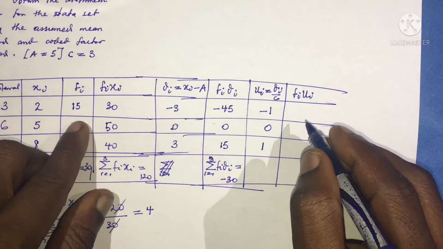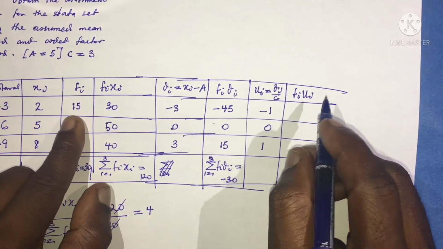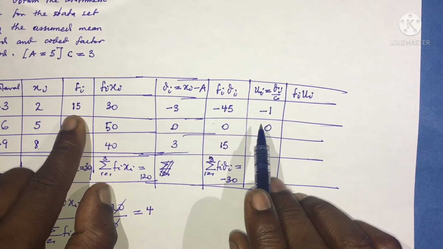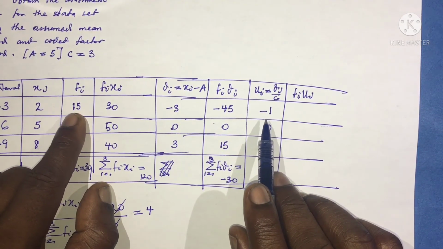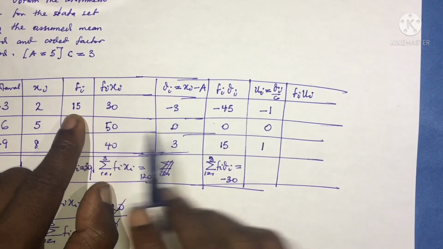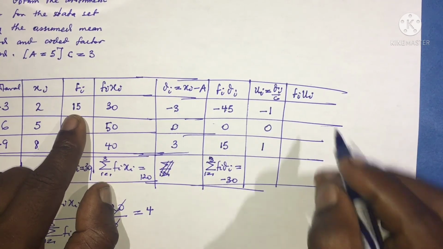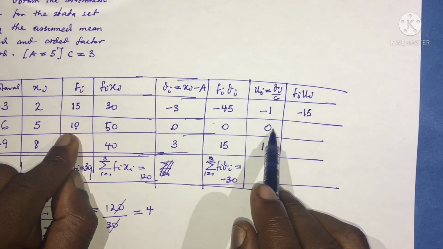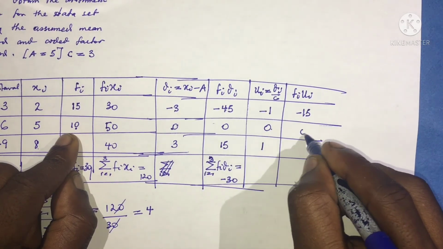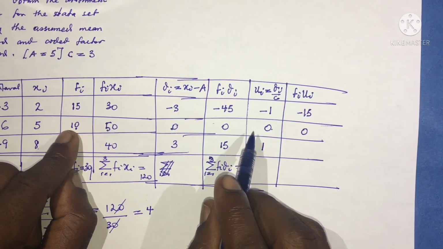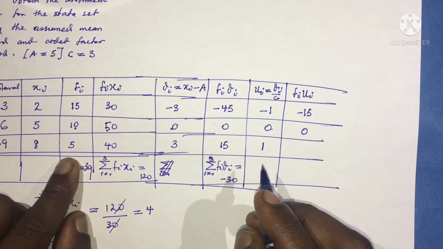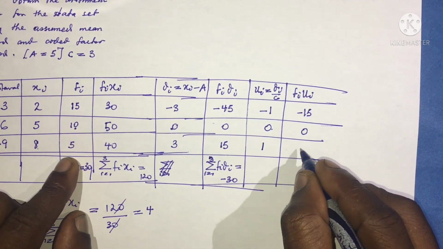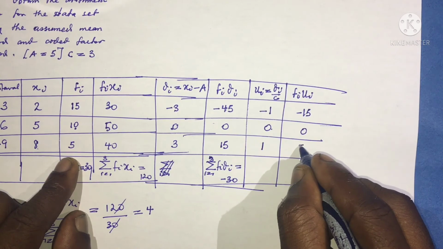So fiui means 15, the frequency, times our ui, which is minus 1, will give us minus 15. Then 10 times 0 will give us 0. Then 5, our frequency, times 1 will give us 5.